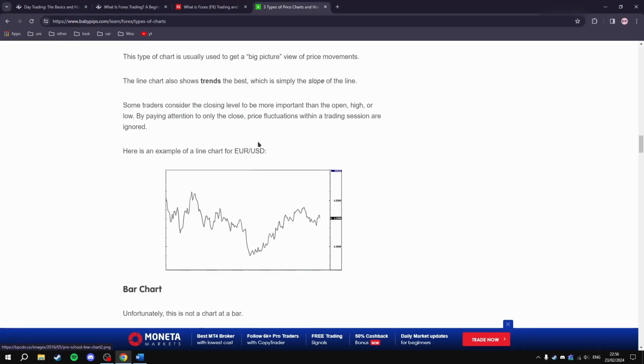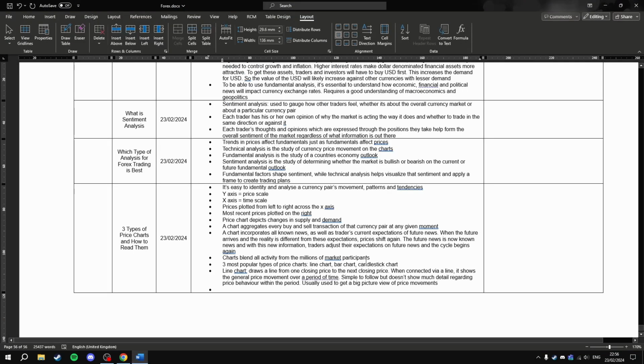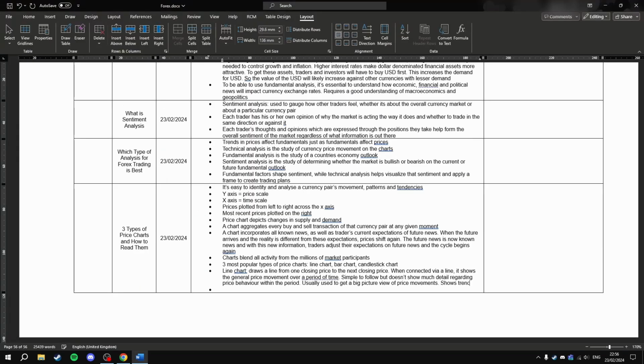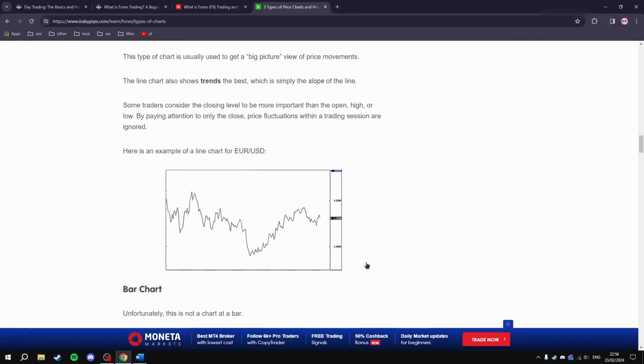The line chart also shows trends the best, which is simply the slope of the line.